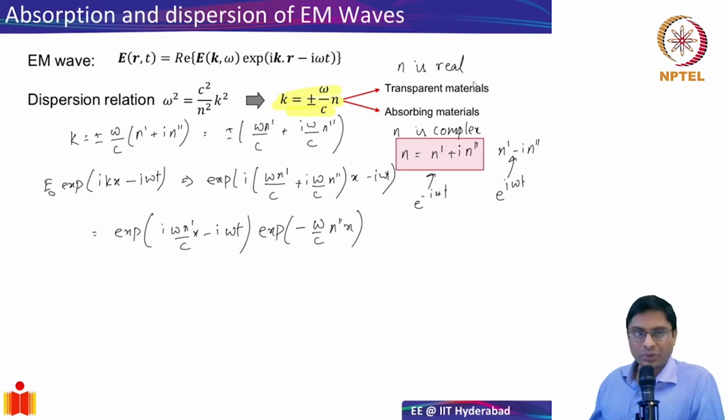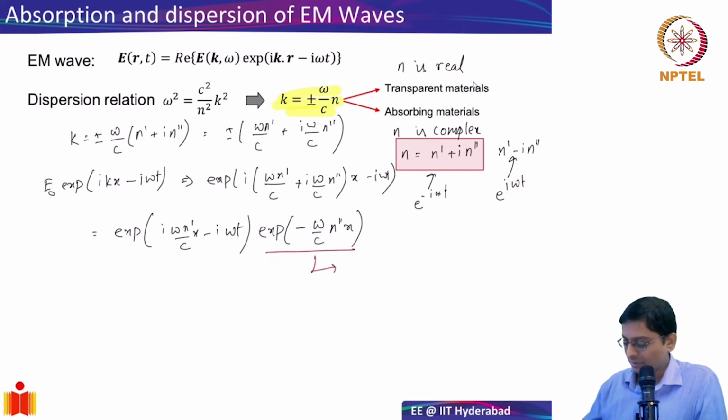Our solution, our plane wave, has two exponentials in it. One is the regular exponent, so ikx minus I omega t kind of an expression. The second part is minus omega by c n double prime x. So what happens to the second term? Let's consider this particular thing.